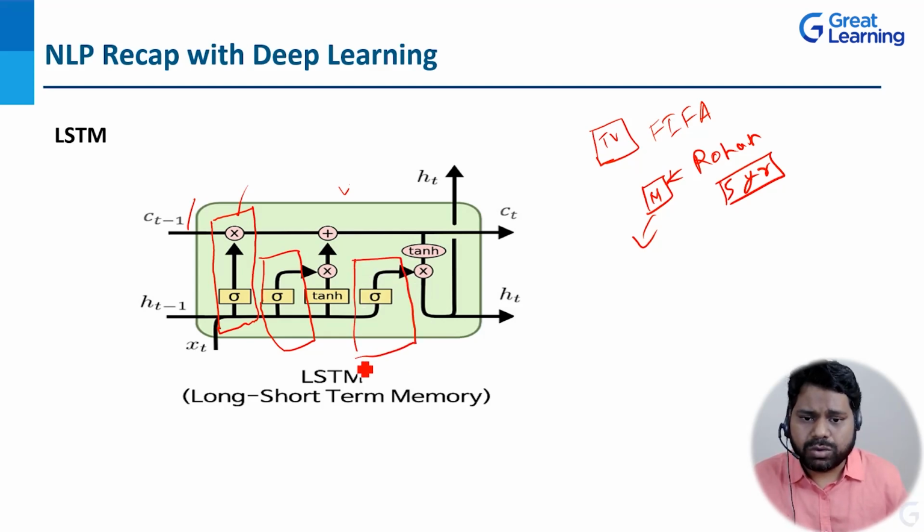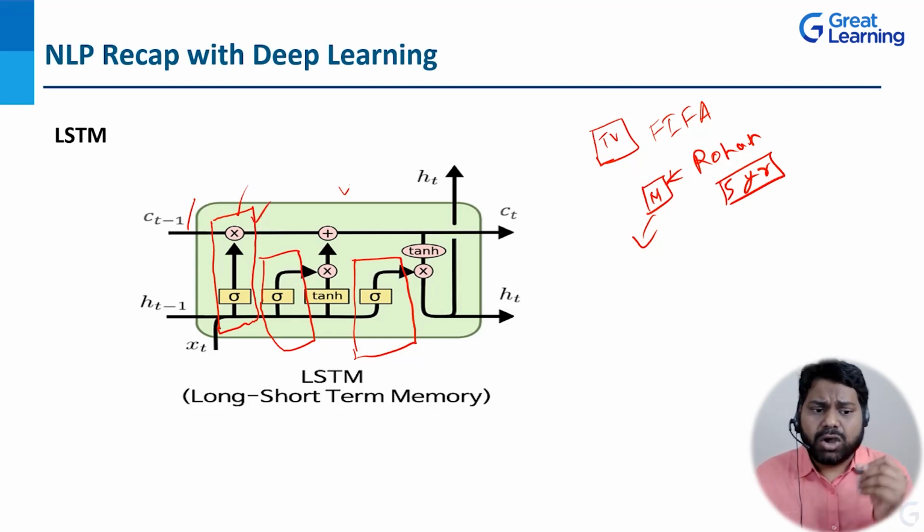So LSTM has three gates. One is the forget gate, which allows you to decide what to keep and what to remove. Then the input gate: with the help of the forget gate and the previous state, you can decide which information to keep and which not to keep.